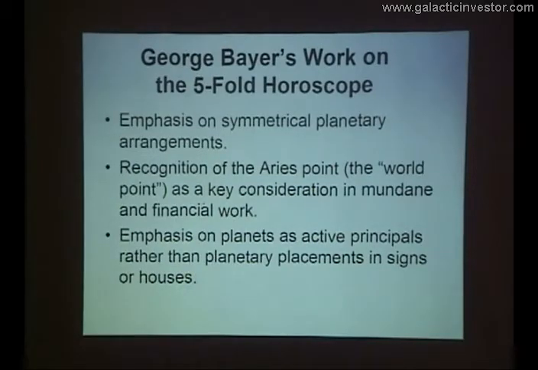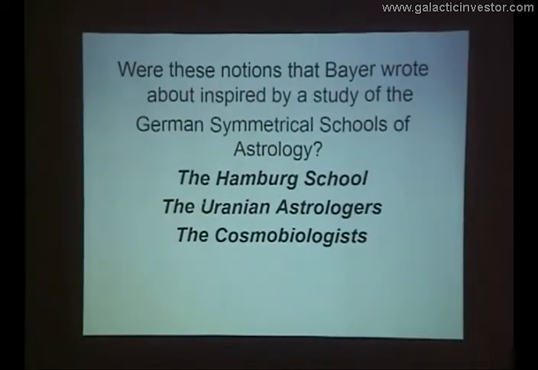Now, all of these points that came out of his work are very, very similar to key tenets of what we might call the German symmetrical schools of astrology, which was being developed in the first half of the 20th century in Germany. Thanks to the Third Reich, a lot of it didn't make it into America until after World War II.